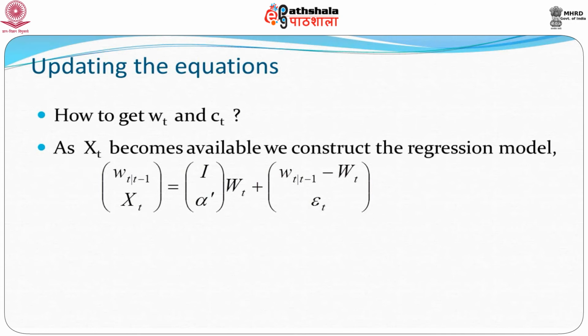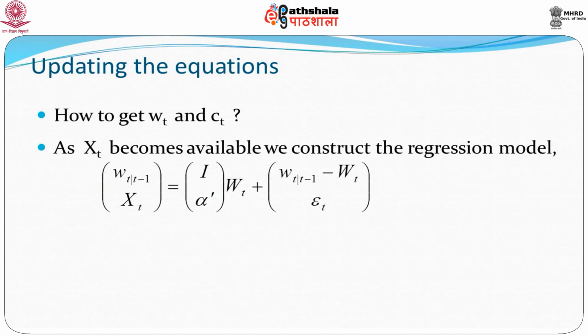What we have on the right hand side is I into Wt would be Wt, and plus Wt given t minus 1 minus Wt, actually the capital Wt cancels off, and we have an identity as the first set of equations. As for the last equation, it is Xt is equal to alpha prime Wt plus epsilon t, but that is exactly what we have in the model.